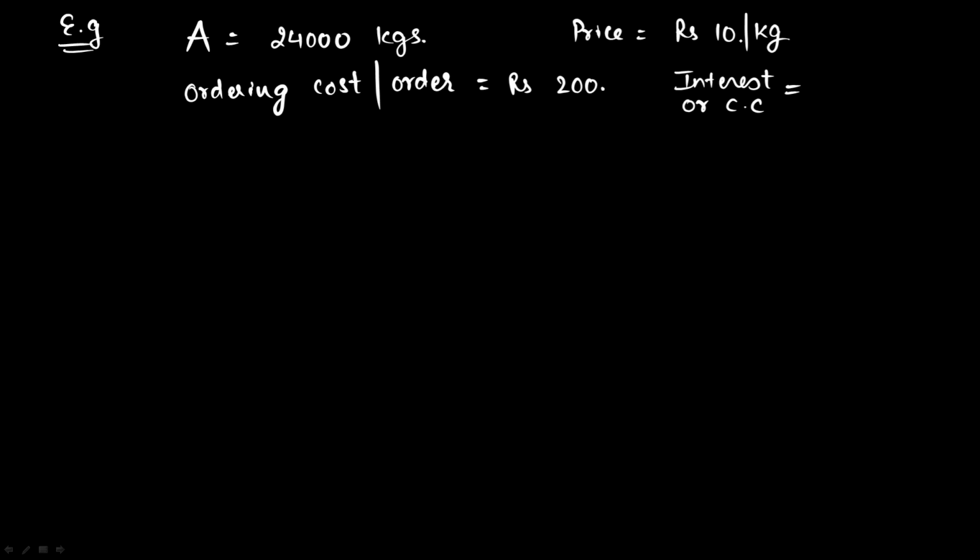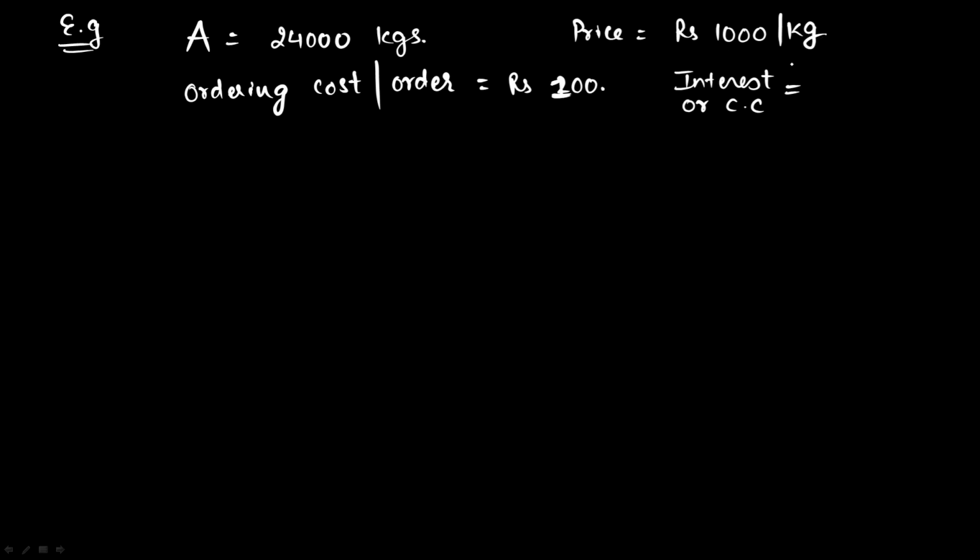Let me take price of raw material as rupees 1000 per kg. Alright, let me change the figure. 24,000 is annual requirement. Ordering cost per order is 100.